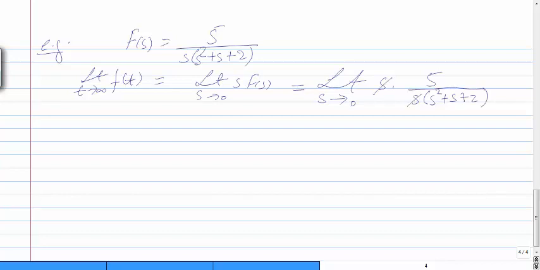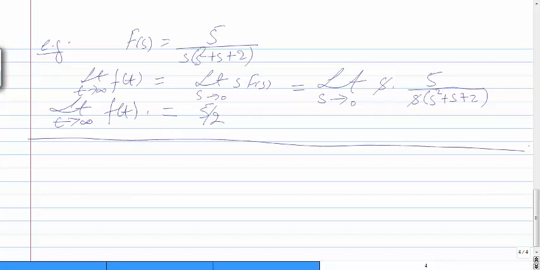The s will cancel out, and when I put in the limit s equal to 0, it becomes 5 by 2. So this is the final value when t tends to infinity. This helps us find the final value of the system, and it is a very important theorem we will use for system analysis after this video.